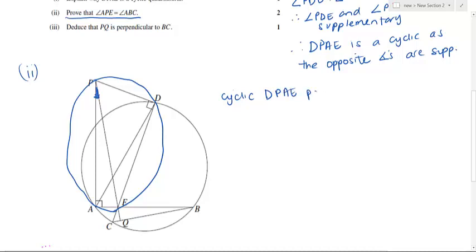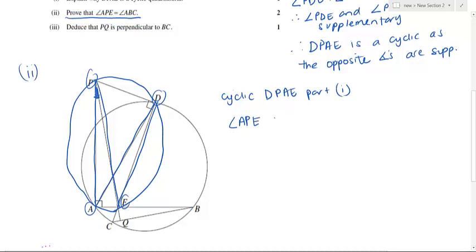This angle is part of the cyclic quad DPAE from part 1. We've proved that in part 1. Because that's a cyclic quad, D, P, A, and E touch the circumference of that circle. If I outline the butterfly shape that these angles make, we can say that angle APE is equal to this angle right here, ADE.